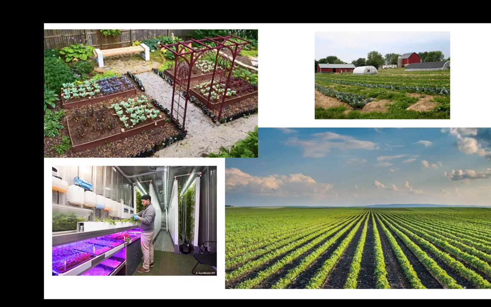And so for people, that means farms, and farming looks a lot of different ways. We've got some different models of farms here, from a backyard garden to a small organic farm, which is what a lot of people think of as farms, but then modern farming looks a lot different.